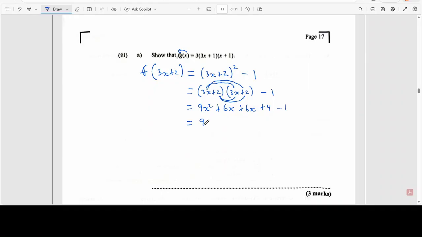So here now we end up with 9x squared plus 12x, 4 take away 1 is plus 3. Right, and what do I have there? So the factoring out of 3, so let me factor out 3. We factor out that 3, we remain with 3x squared plus 4x plus 1.